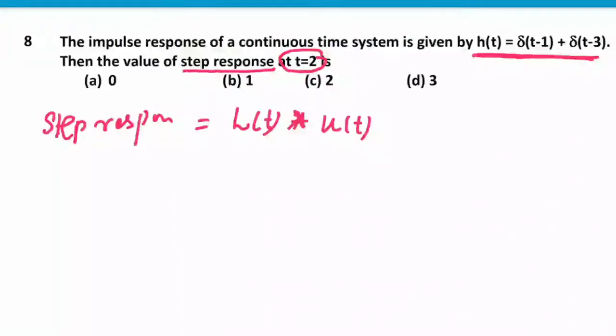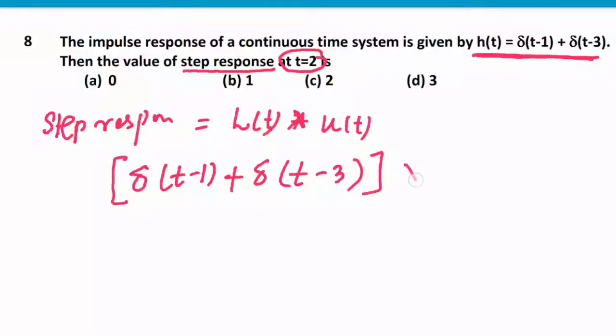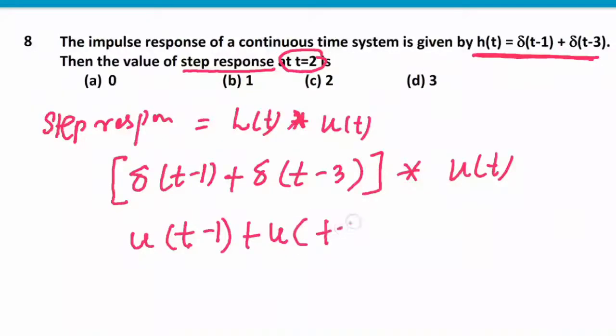This is not multiplication, this is the convolution. So here h of t, delta of t minus 1 plus delta of t minus 3, convolved with u of t, will become, after convolution, u of t minus 1 plus u of t minus 3.